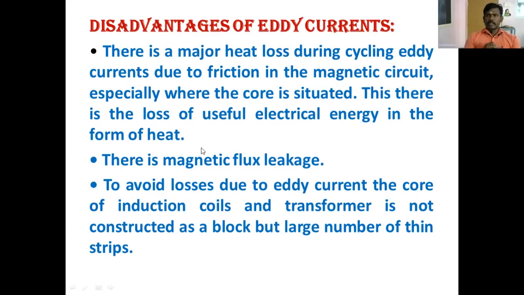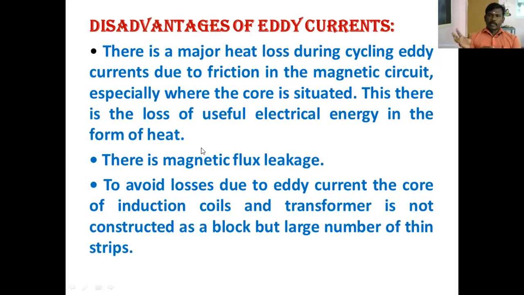Flux leakage means the flux linked with the primary circuit does not entirely link with the secondary circuit. If the eddy current is produced in the secondary circuit, it means we have two different coils. You are applying a current in the first coil, which is the primary circuit.